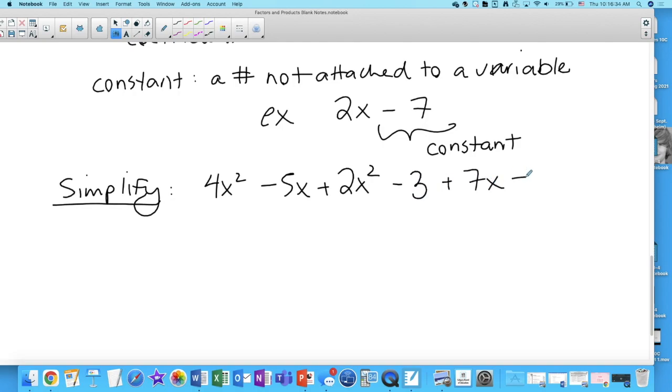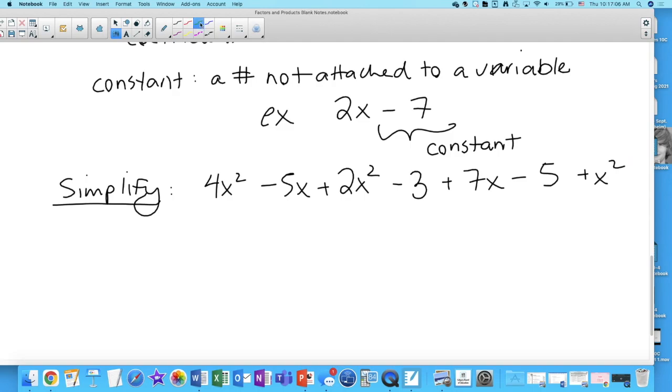Okay. How many different terms do I have in this polynomial? How many unique terms are there? Yeah, there's 3. Okay, so what are the unique terms? What different terms do I have? Yeah, you have an x squared term. So if you have more than one x squared term, those can be combined.